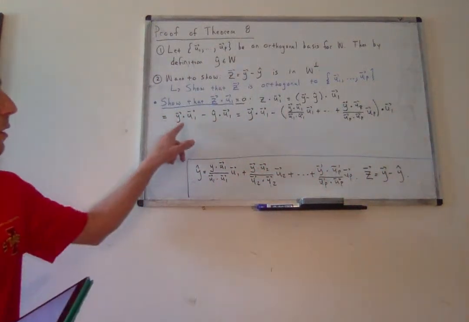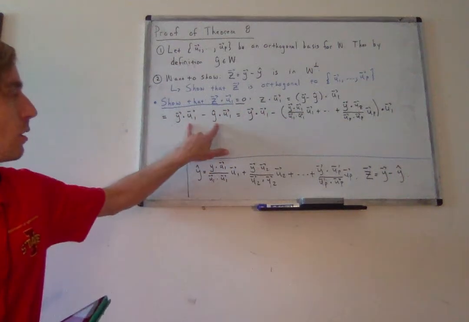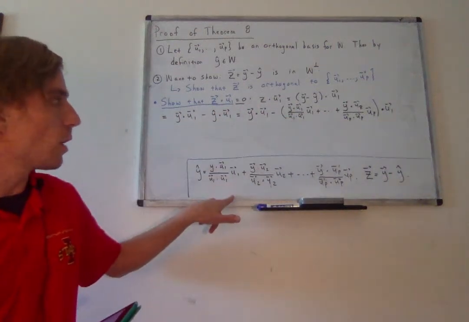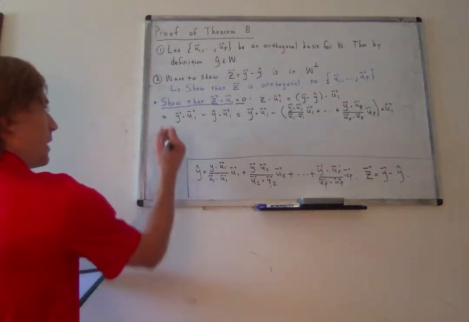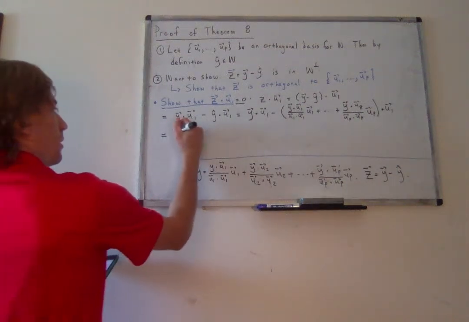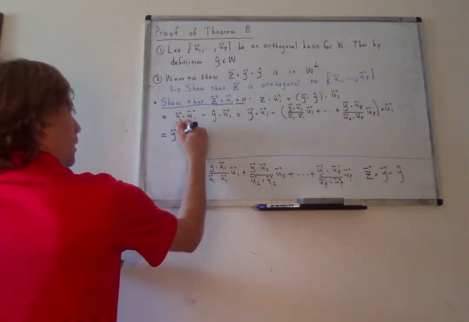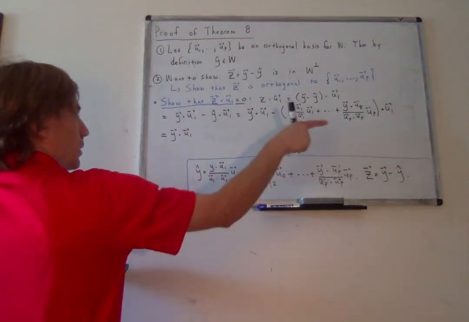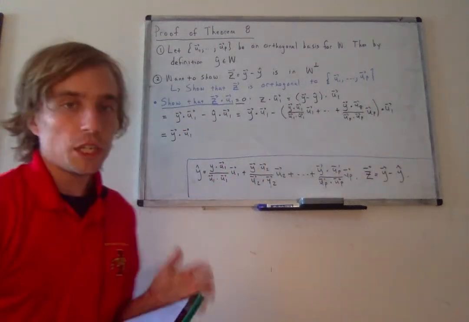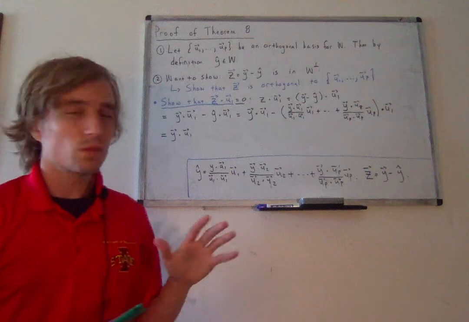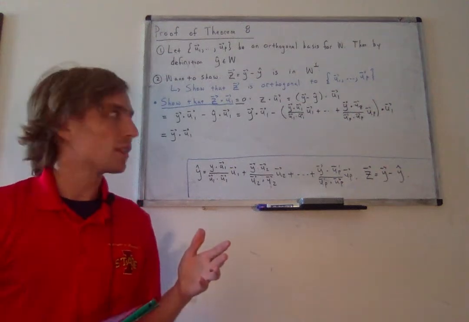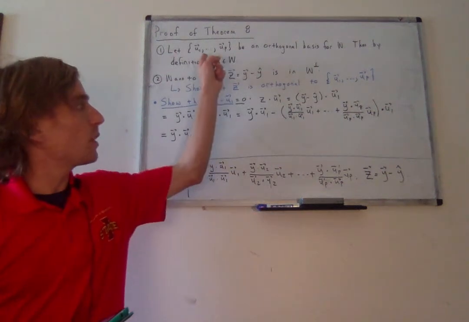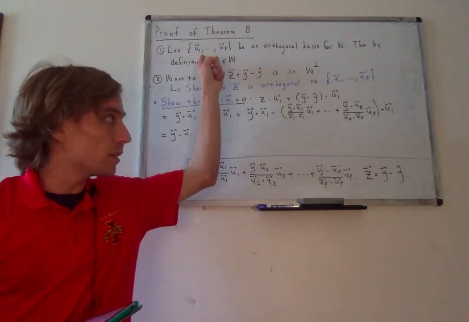So I distributed through and substituted this in for y hat. Now I'm going to distribute u1 through this sum. But remember, each of those fractions is just a scalar, so I don't care too much about it when taking the dot product. And remember that this is assumed to be an orthogonal basis.